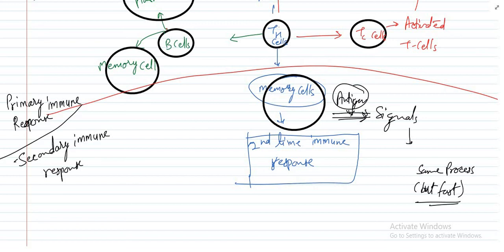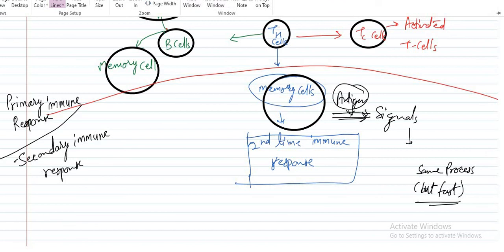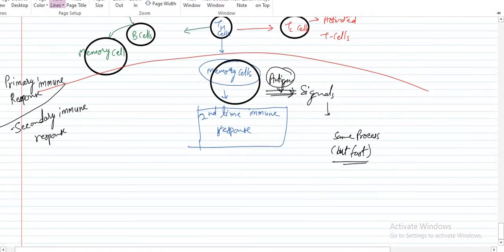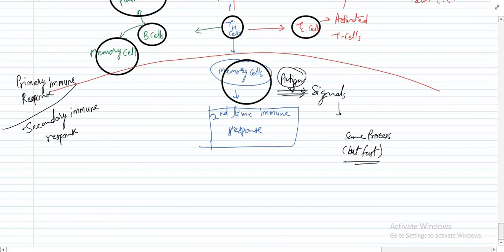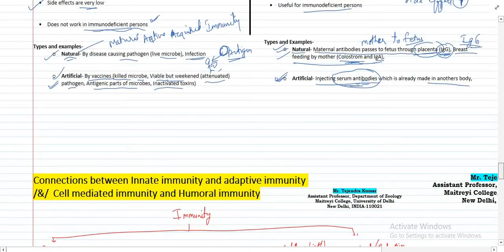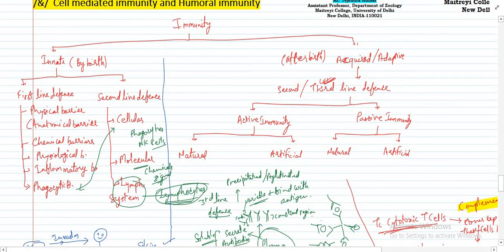I hope you understand very well how this works: the complete immune system, and how innate immunity and acquired immunity are connected with each other.